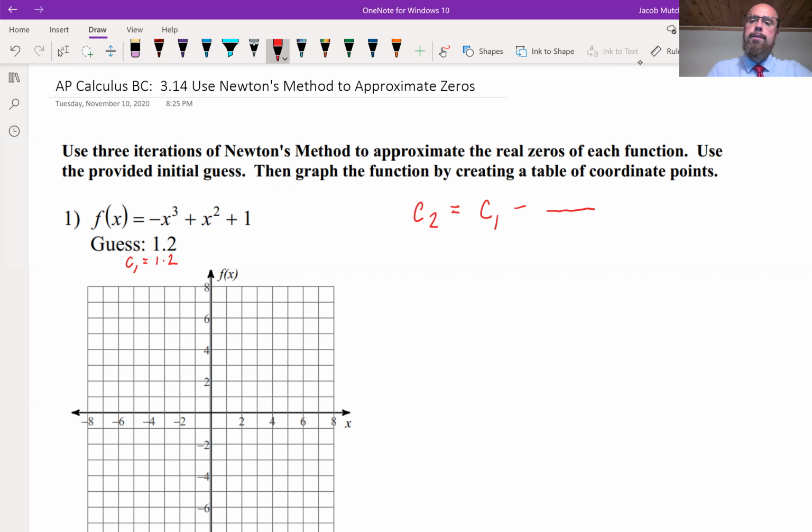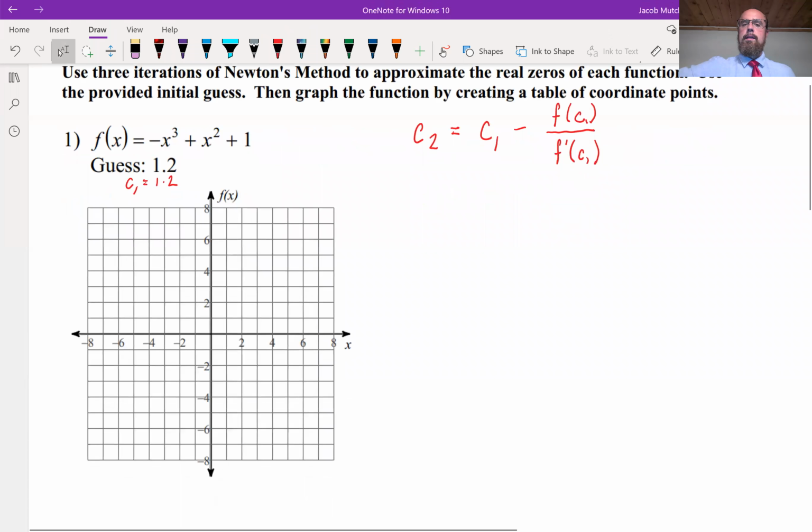The quotient is the value of the function at that C1 domain value divided by the value of the derivative of the function at that same C value.